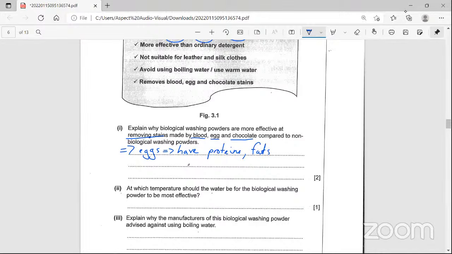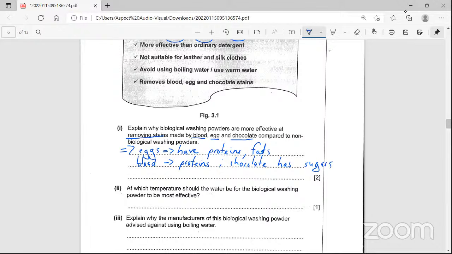Blood has what? Protein. Are we together? And then what's the other one? Chocolate has? Sugars.